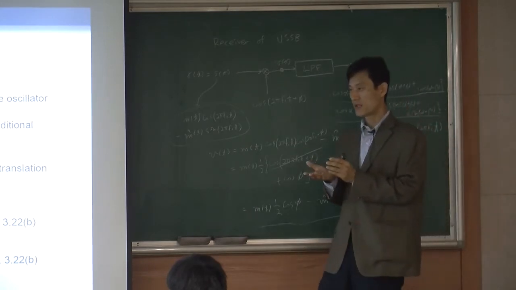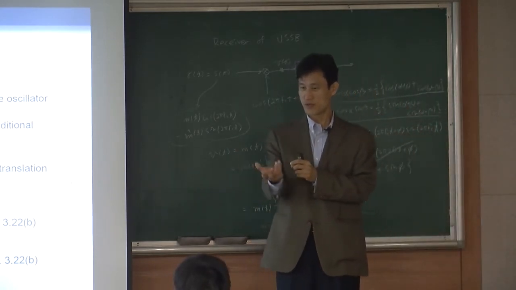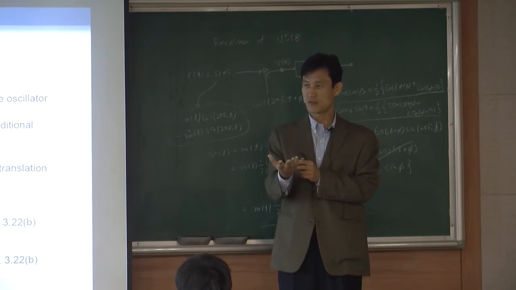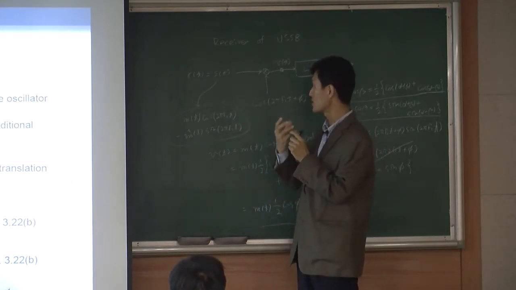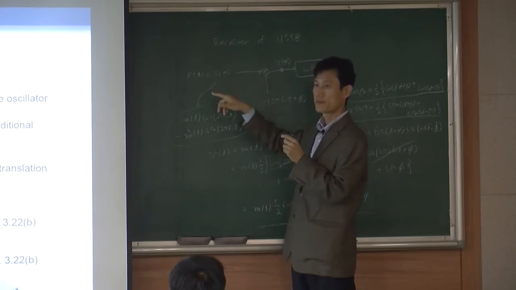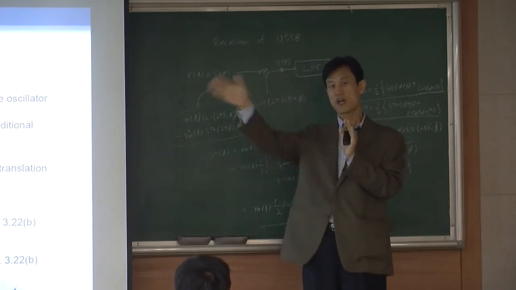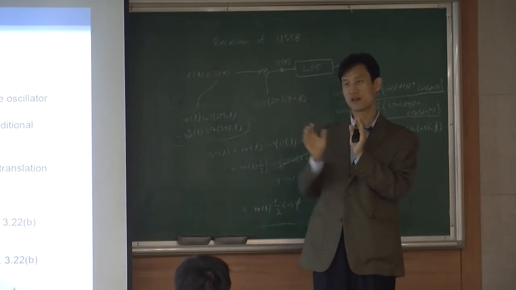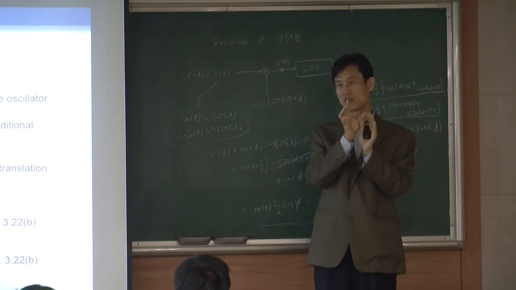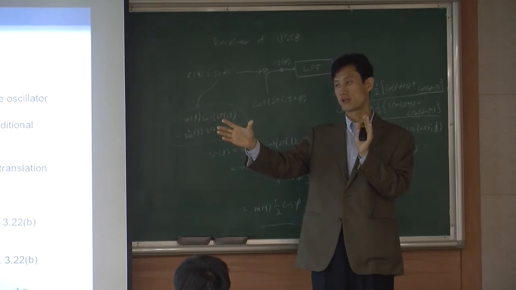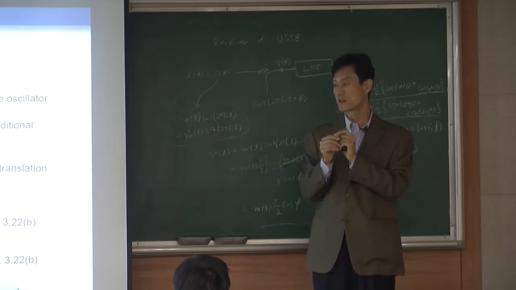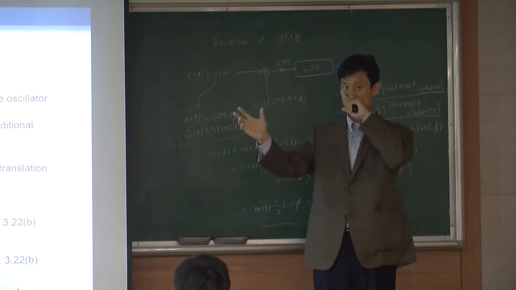I'll give you an example. Let's say in your cell phone, everyone has a cell phone. Your message or your voice originally starts from the baseband. But in order to transmit, you need to do modulation and go to the carrier frequency, something like 1.8 gigahertz.